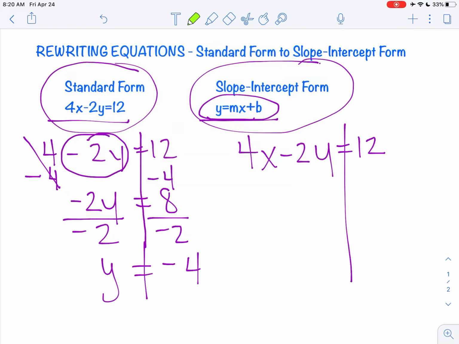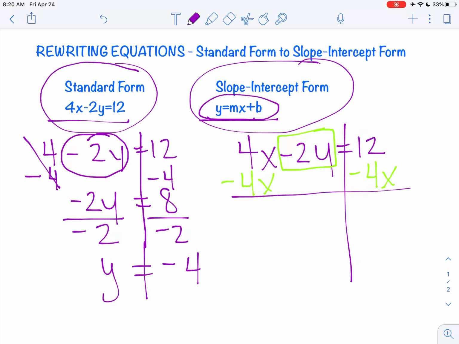Okay, so our first step, we need to isolate the y. So I'm going to draw a box around that because that's where I'm going. In order to do this, I'm going to need to subtract 4x from both sides.